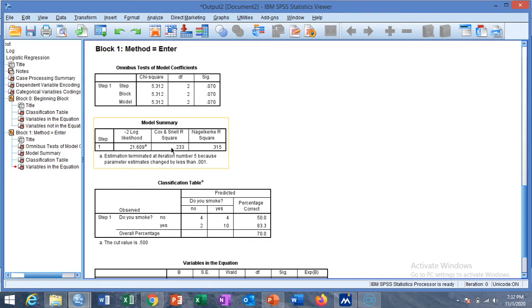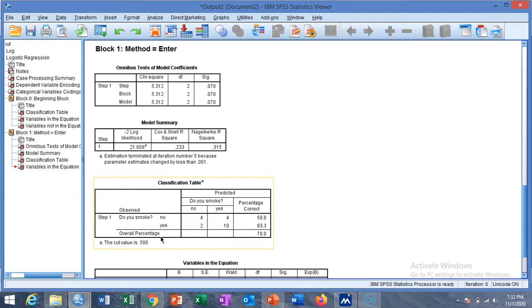These two values show the proportion of variation explained by the predictors in the model, and the minus 2 log likelihood value also gives the model's predictive power. This is used when we are comparing models with different predictors. Then we adopt the model with the lower minus 2 log likelihood value.